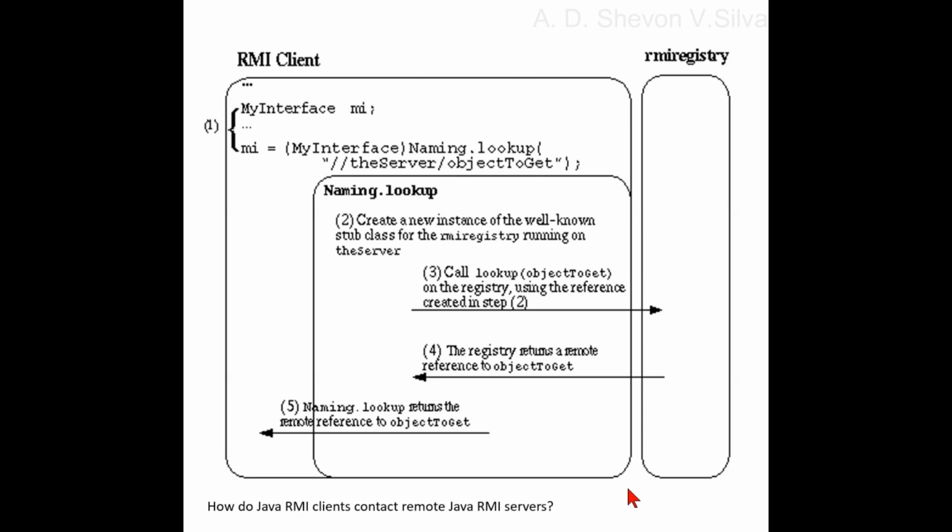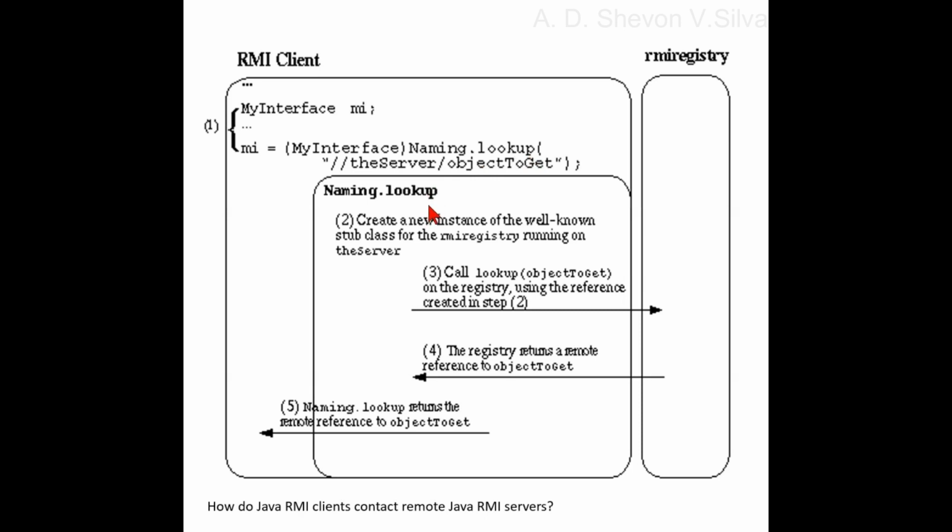The Naming.lookup method call is the most common mechanism by which clients initially obtain references to remote servers. Remote references may be obtained by other means. For example, all remote method calls can return remote references.